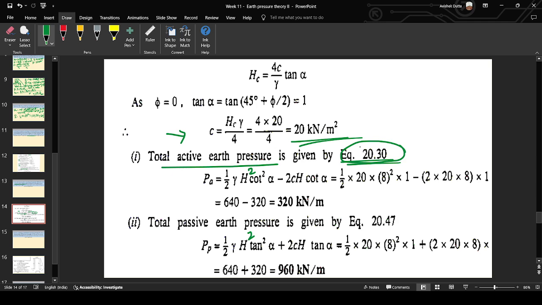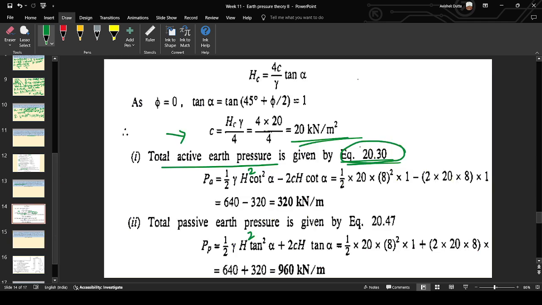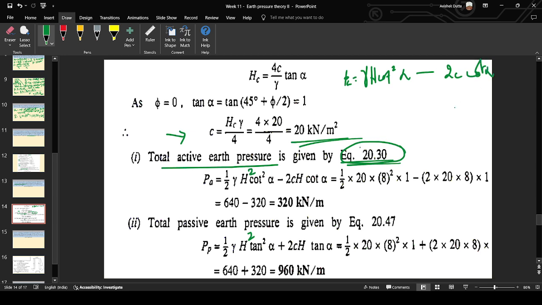It will be H square, because the intensity of pressure, small pa, is gamma H cot square alpha minus 2c cot alpha.